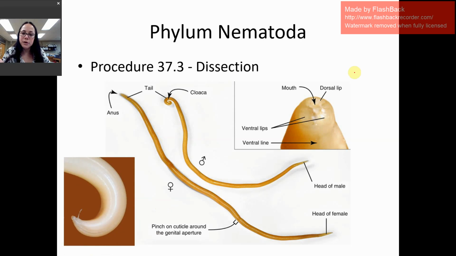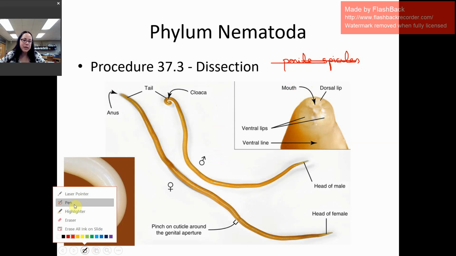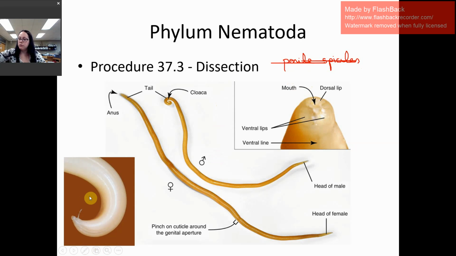It is called penile spicules. Those are the reproductive organs of the male, which allow it to fertilize the female. Very easy.